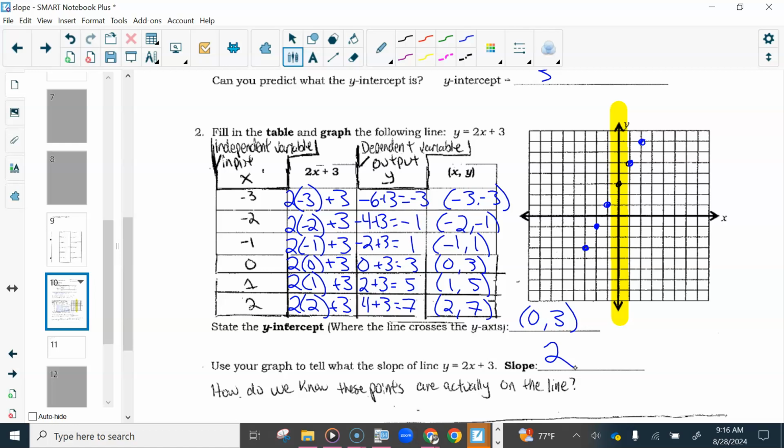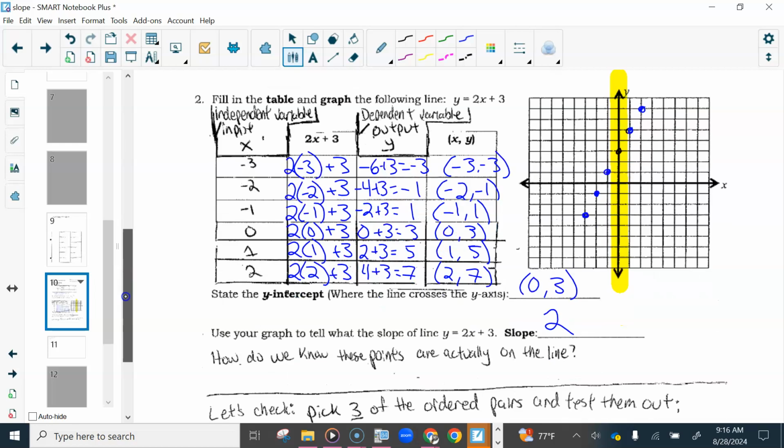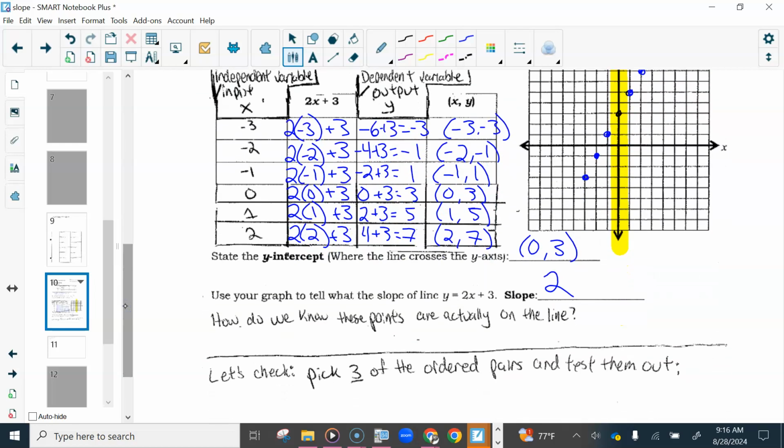Now, we picked random x values. And then we put them in and solved it. But how do we know that these are the actual points that fall on this line? How do we know that we didn't do that math wrong? So, one way to check yourself, to test this: it's very easy to miss a negative, to put the wrong thing, and get a wrong point.